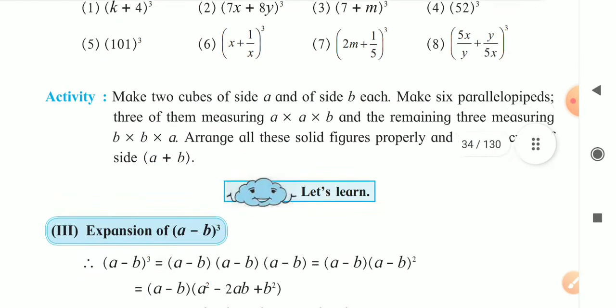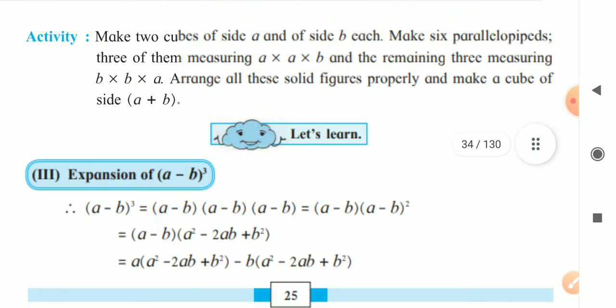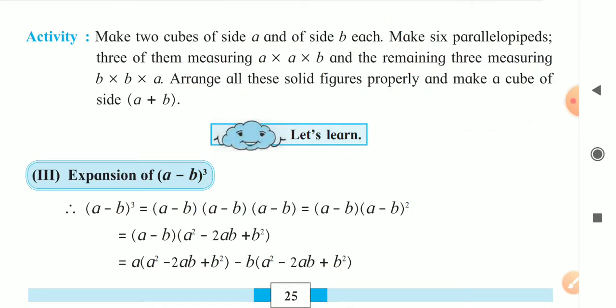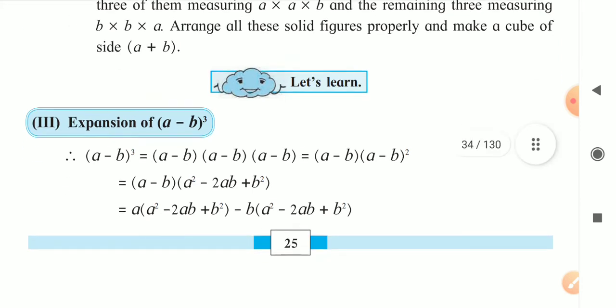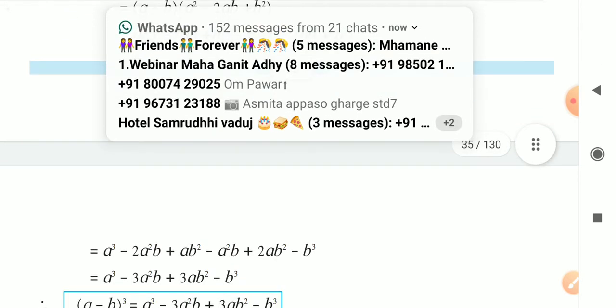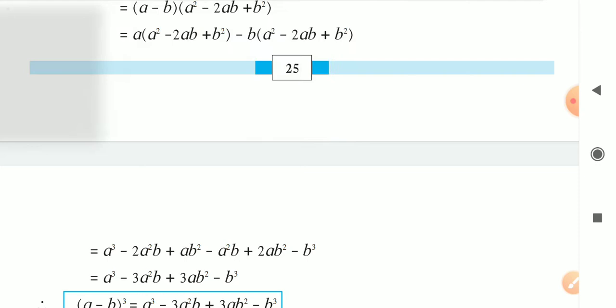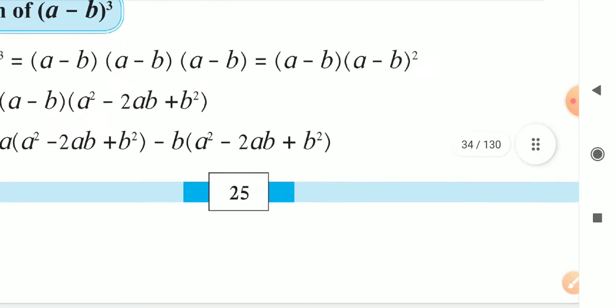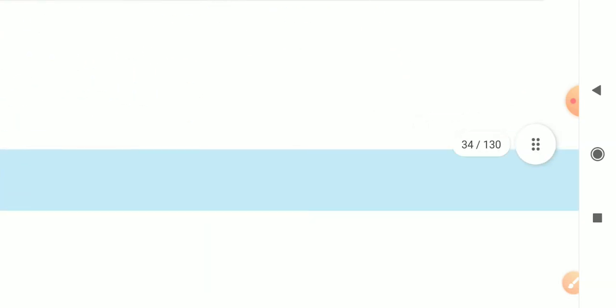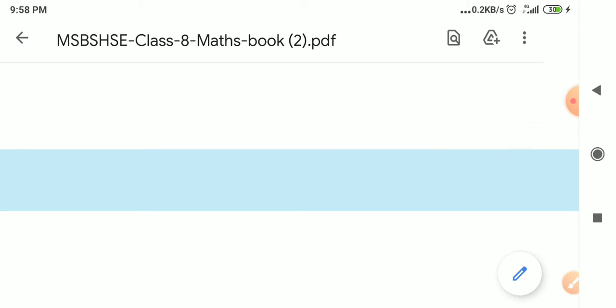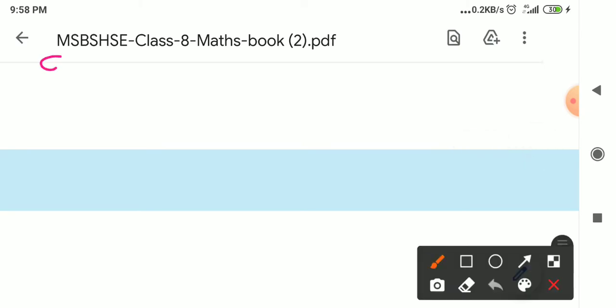After that let us move towards the next expansion, and that expansion formula is (a - b) whole cube. So how the formula is derived, that we will see at first. (a - b) whole cube means (a - b) multiplied three times.